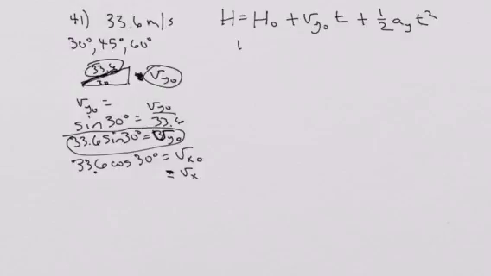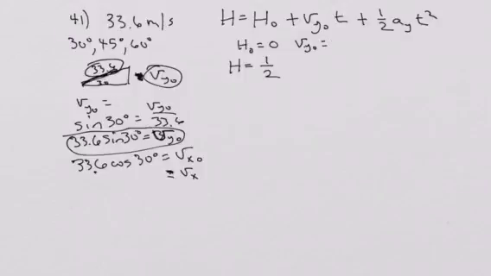In this case, h sub o equals 0. This is a baseball getting hit off a bat. So this equation reduces to h equals... well, I'm sorry, my initial y velocity is not equal to 0.